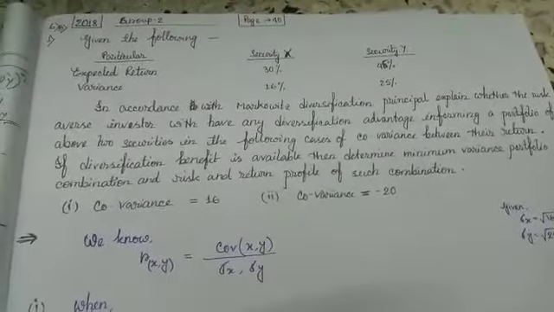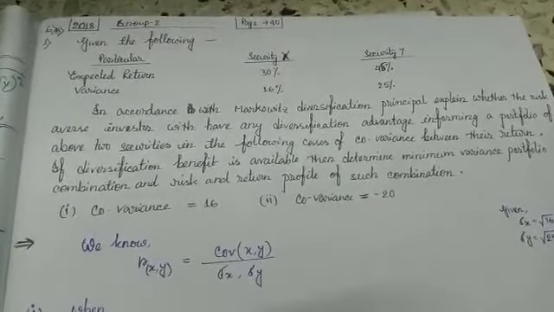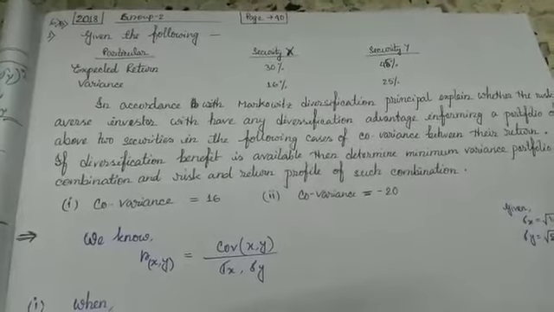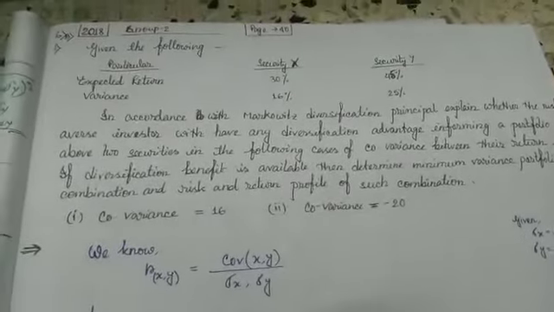Here the covariance given in question 1 is 16 and covariance in question 2 is minus 20.